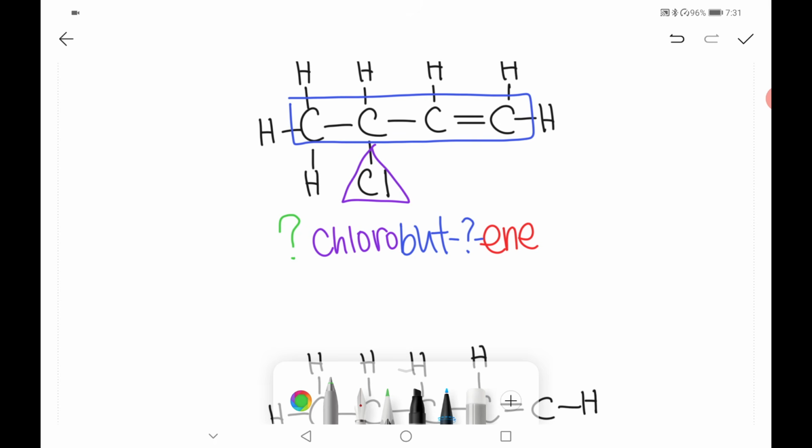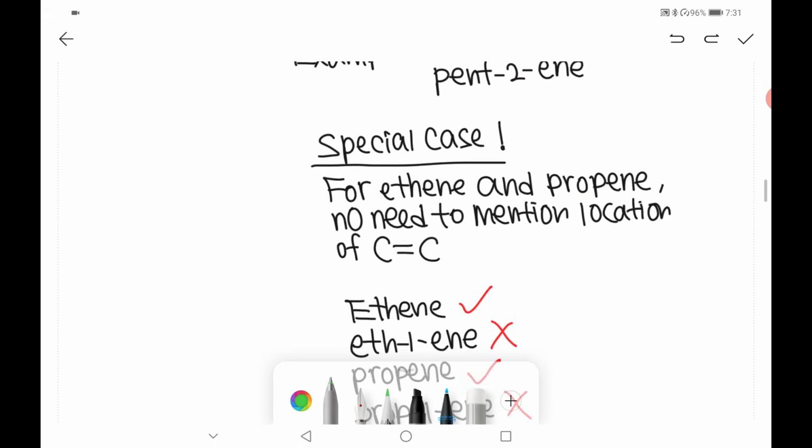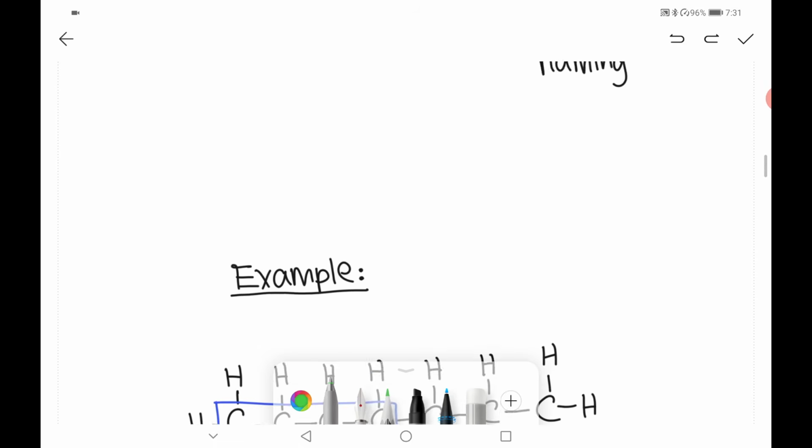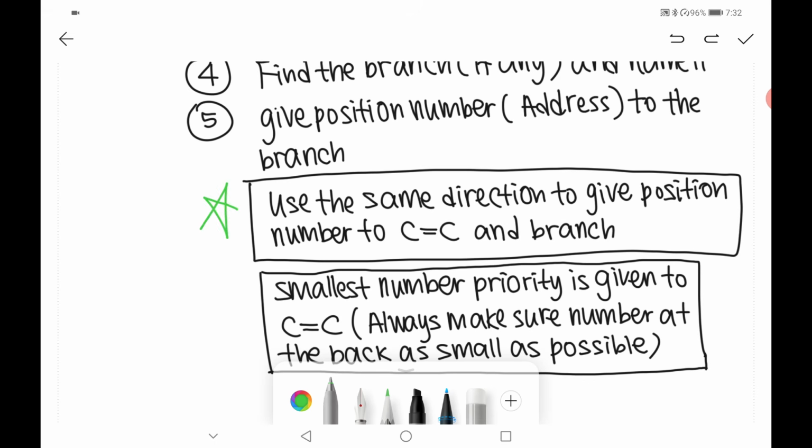We need to give numbers to two things: the branch and the double bond. So what should you do here? Please read back the strategy. You must always use the same direction to give the position number to the double bond and the branch.